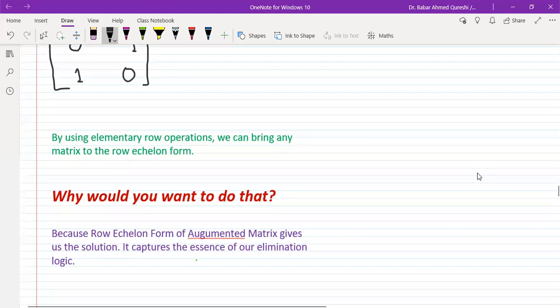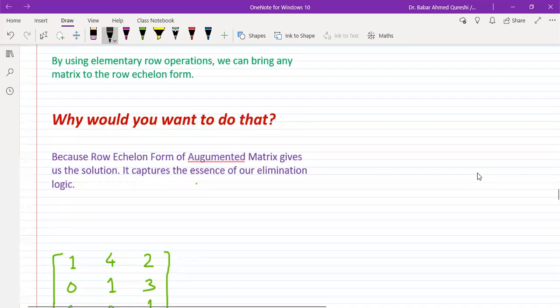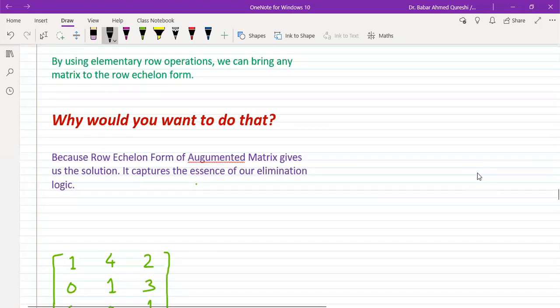Now, by using elementary row operations, we can bring any matrix to the row echelon form. I'm going to show you right now how you can do it. But why would you want to do that? Because the row echelon form of the augmented matrix gives you the solution.